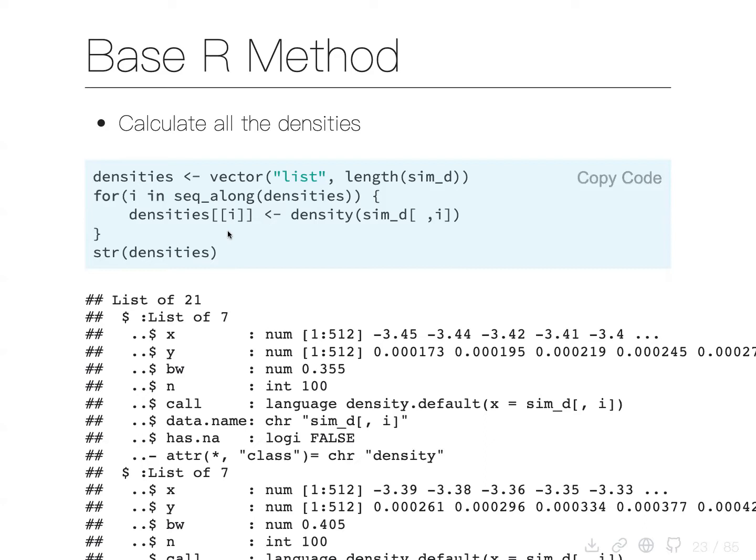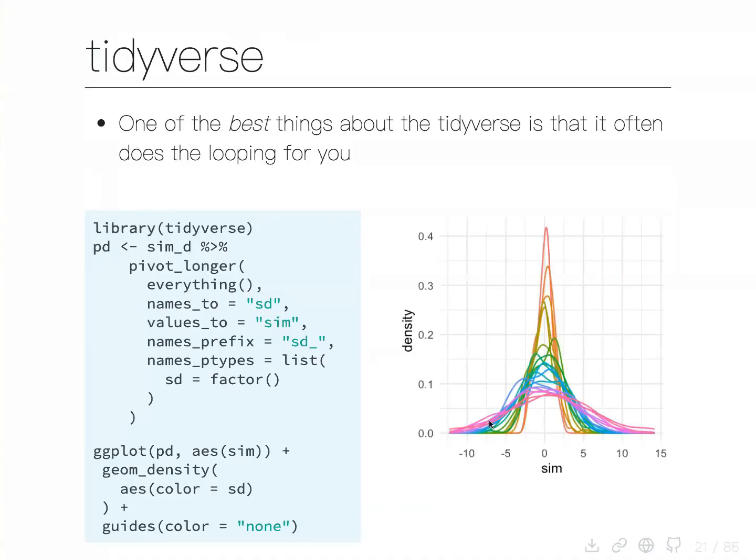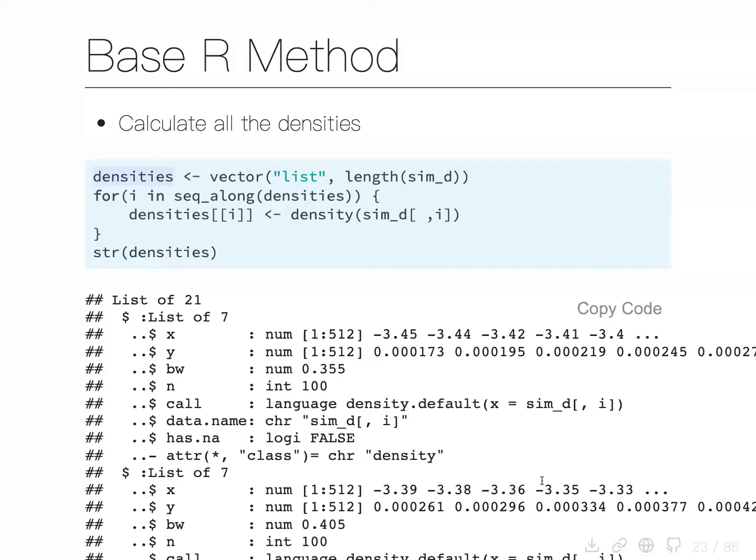All right, so if we wanted to do this with base looping, we would start by saying, okay, we need to calculate all the densities, because if I go back here, each of these is a density plot. So we need to calculate the actual density for each of them. That's the first step.